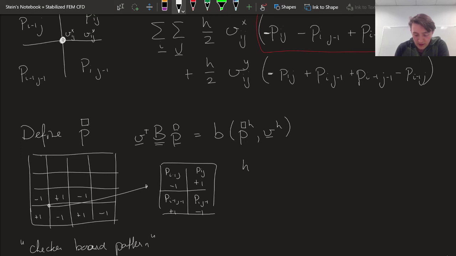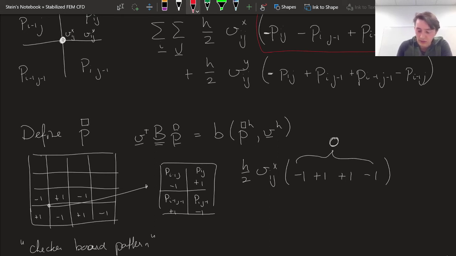So we have h over 2 times Vijx times -1 minus Pij minus 1. So that gives me +1. Plus Pi minus 1, j minus 1, well, that was +1. Right, so this is a summation that gives me 0. So let's focus on the second sum.